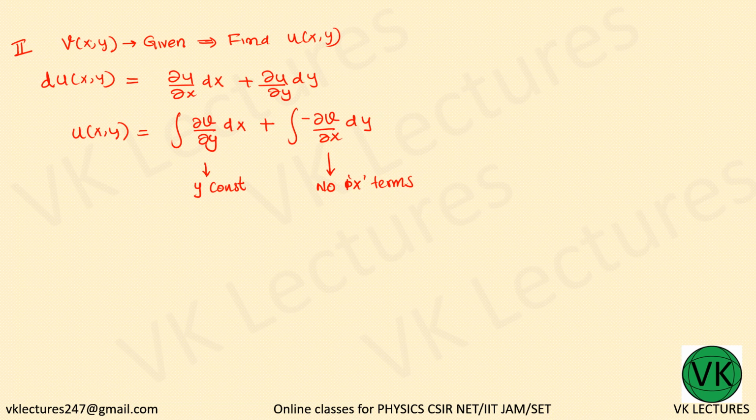Now let us write down the first and second equations. First one is regarding v of x comma y, the imaginary part, which is equal to minus integral dou u by dou y into dx plus integral dou u by dou x into dy.